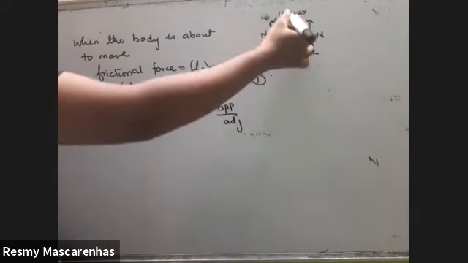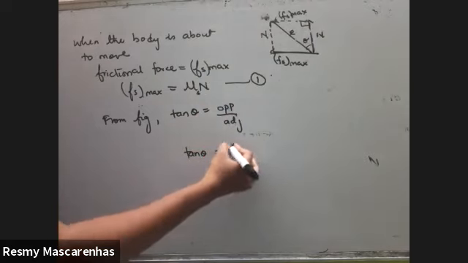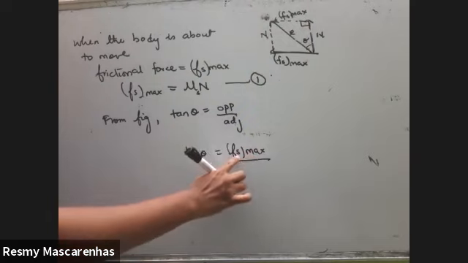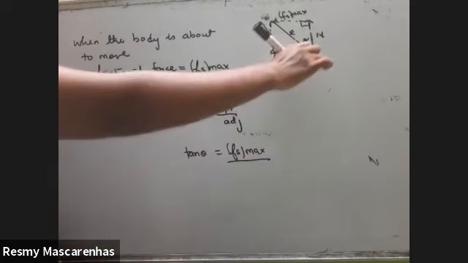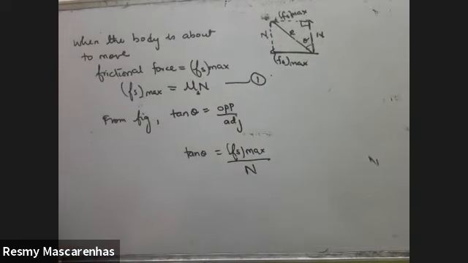Which is the opposite side? So tan theta is nothing but F of s maximum, that is the maximum frictional force, and then adjacent is normal n.